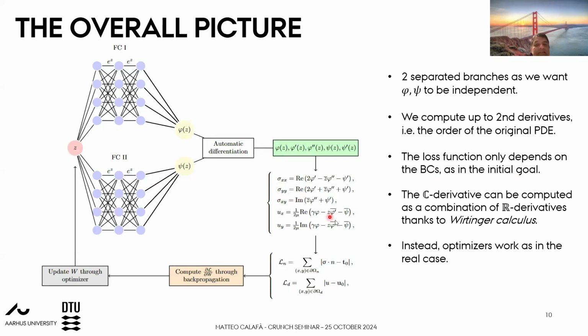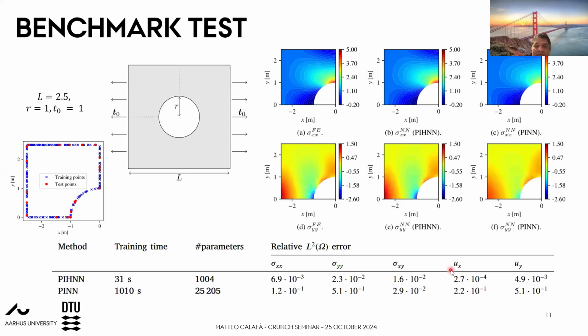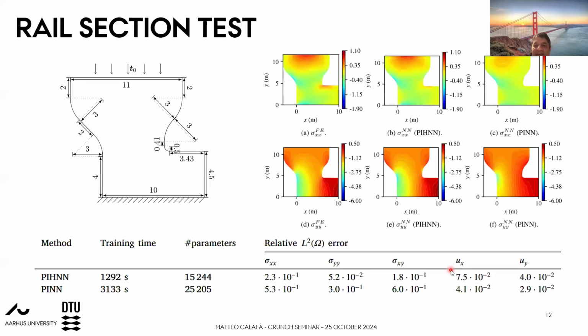But I think why you're getting better stresses is that you're satisfying the equilibrium equation exactly, right? That is the starting point, and then you can think of it as integrating to get the displacement, in a loose sense.